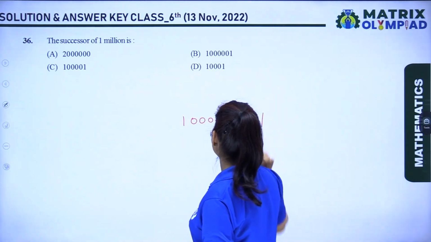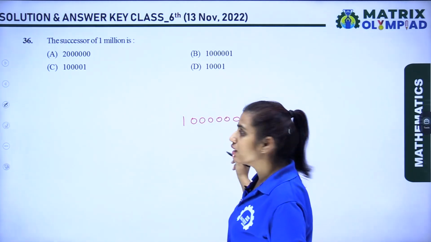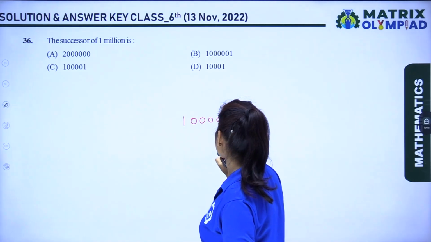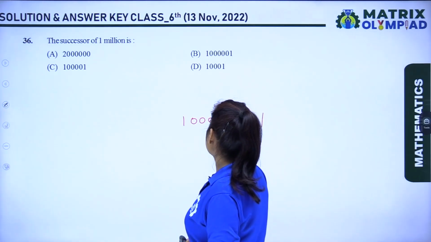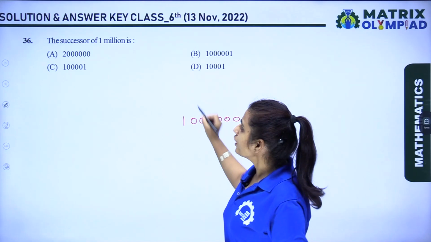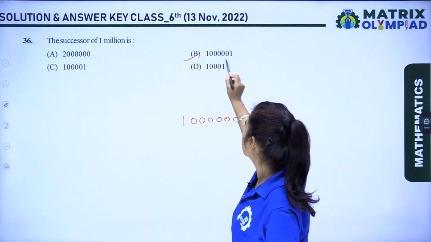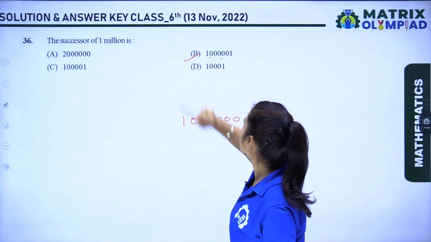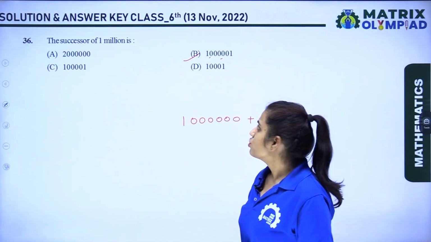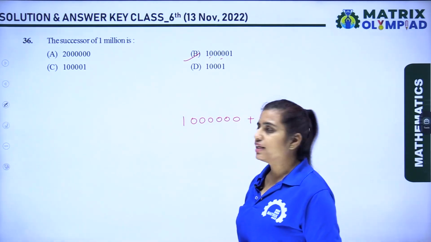After adding 1 to 1 million, we get 1,000,001. So according to the options, we can say that option B is the correct answer, as it is 1,000,001.